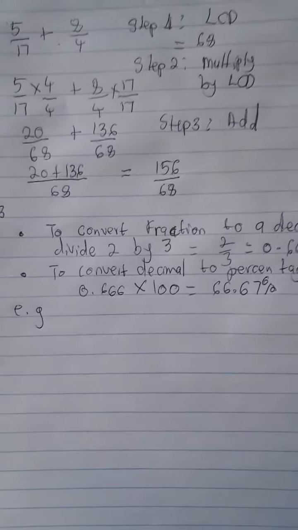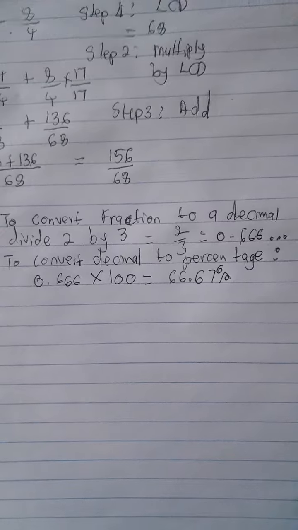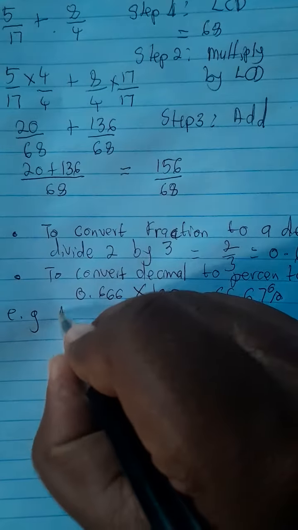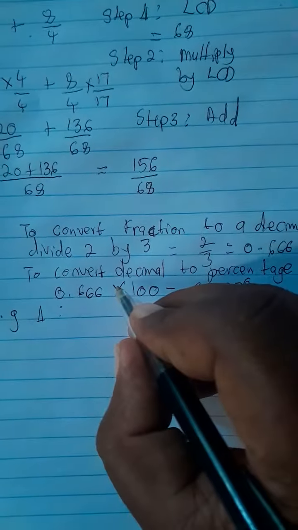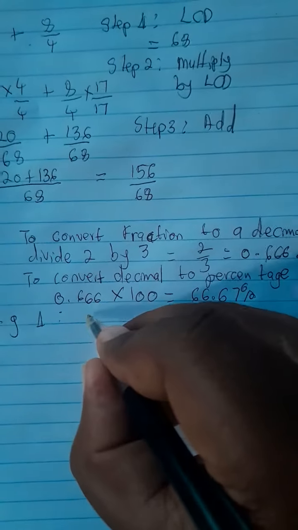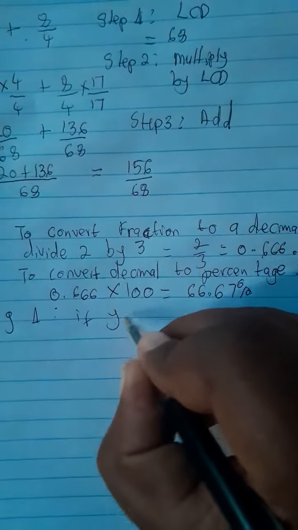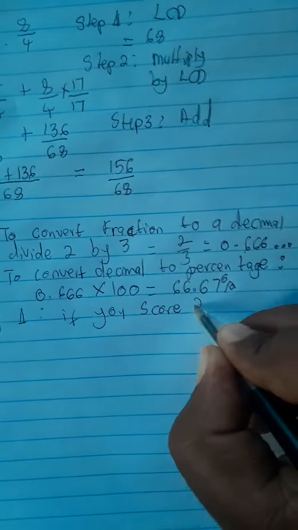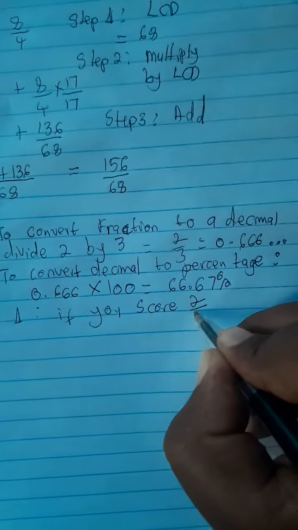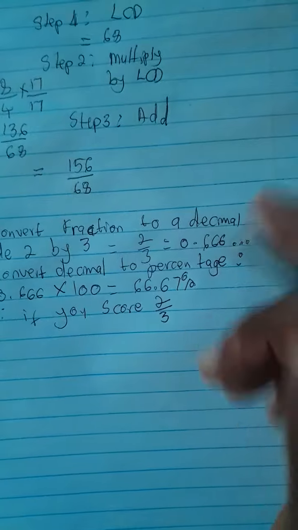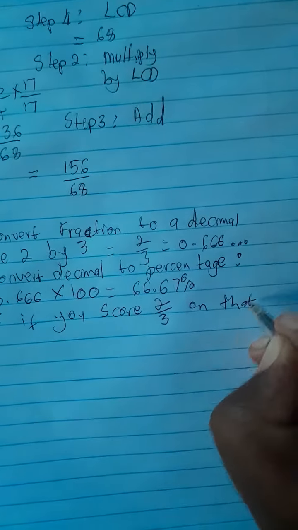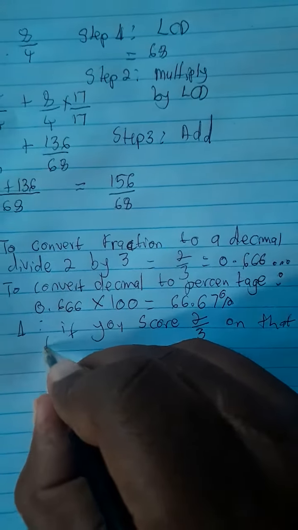So in terms of your examples, remember, this is our last question, guys. Our example 1 will be, let's say you score 2 all over 3 on a test.